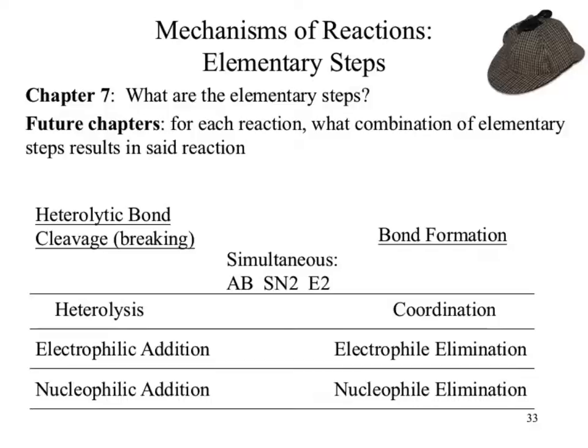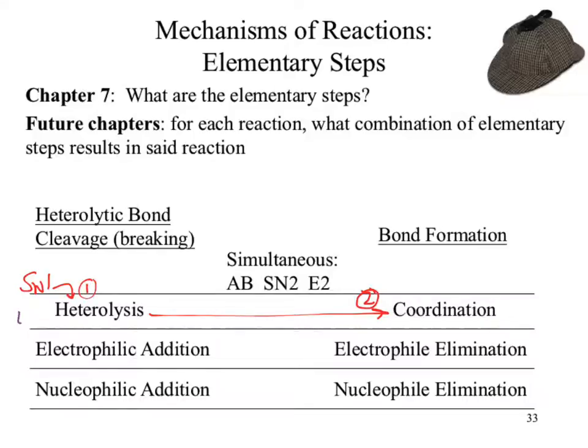They required multiple mechanistic steps. The SN1, what was the first thing that happened? We broke a bond. Step 1, heterolysis. Then what did we do? We formed a new bond, coordination.